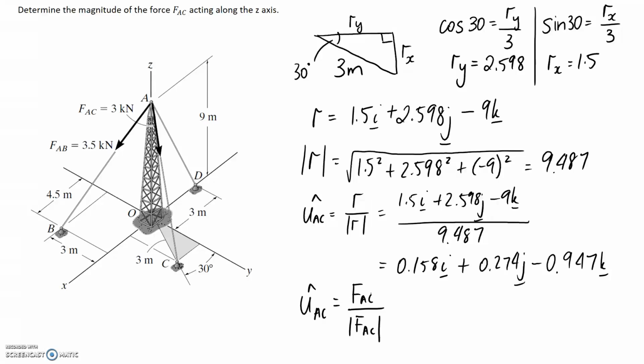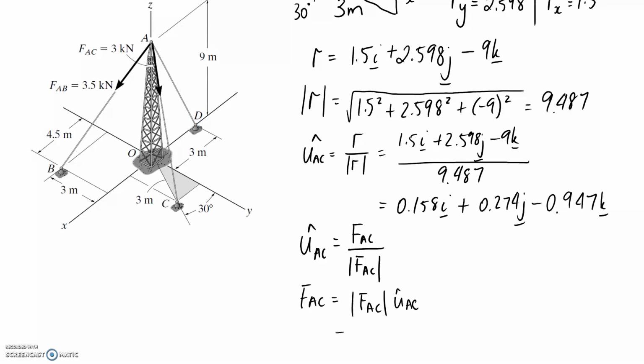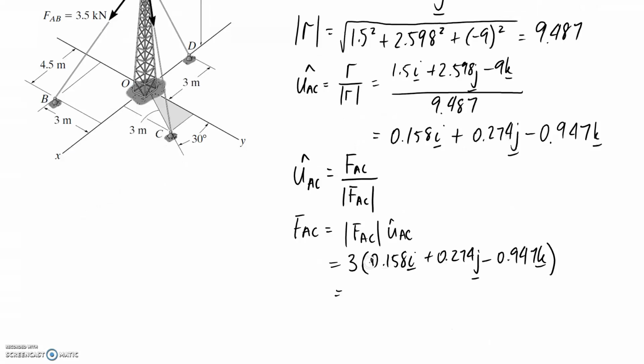So if we rearrange it for FAC, this is what we're going to answer with. We get this. And we know that the magnitude of FAC is going to be 3 kilonewtons. So it's just a matter of subbing that in along with our unit vector we've already pre-calculated, and working it out. This is just scaling up this 1 unit long vector to now be 3 units long.